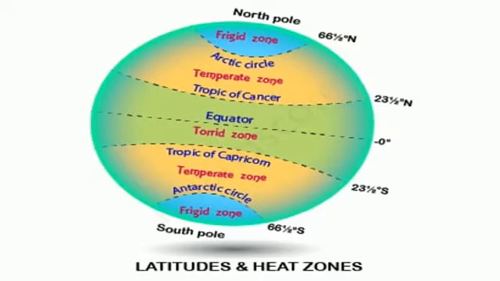Towards the poles, the rays of the sun become increasingly slanting and therefore heating becomes less. On the basis of distance from the equator, the earth is divided into following heat zones: torrid zone, temperate zone and frigid zone.